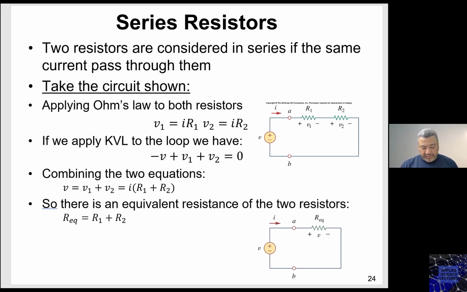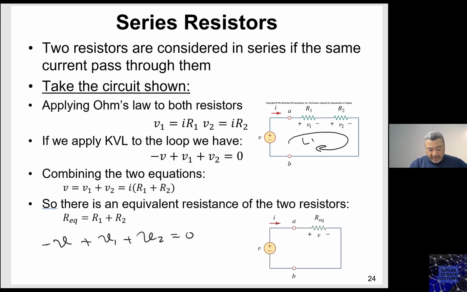You can easily prove this by taking the KVL and adding those two voltages. If you take the KVL, for example, here and take this direction to be this way, then you can say minus V plus V1 plus V2 equals 0.